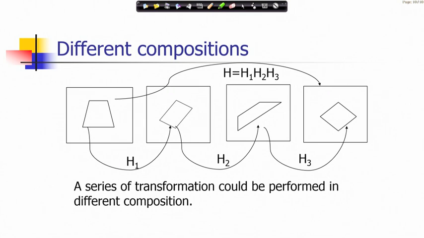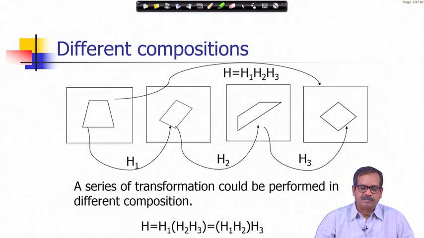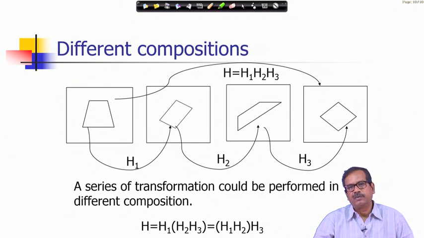The interesting part is that, as you know, matrix multiplications are associative. So it does not matter in which order you compute these multiplications. That means we can first multiply H2 and H3 and then multiply with H1, or first multiply H1 and H2 and then multiply this matrix before H3.